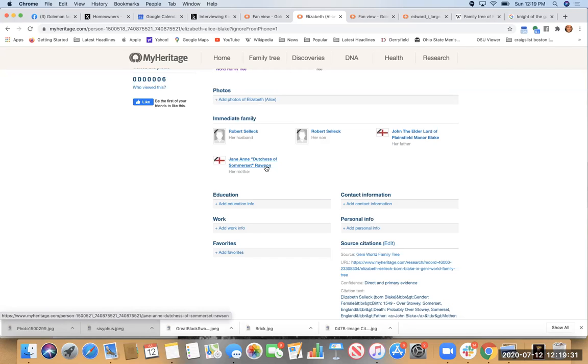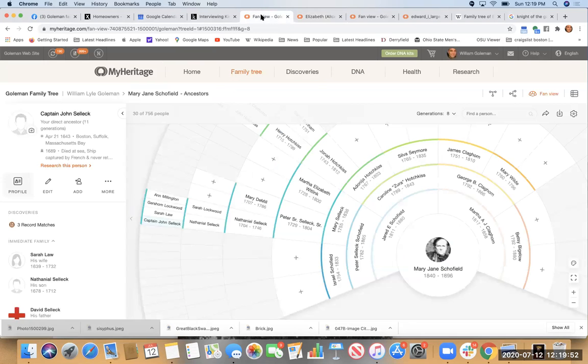So from a genealogy point of view, this is really good because nobody cares about genealogy and ancestry and pedigree more than people who have title, who are sort of royalty. So I found this very interesting and decided to go down that line.